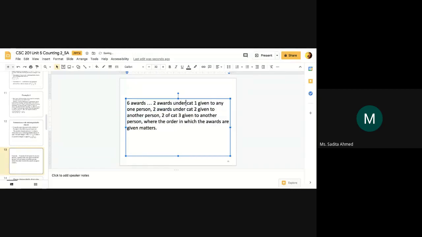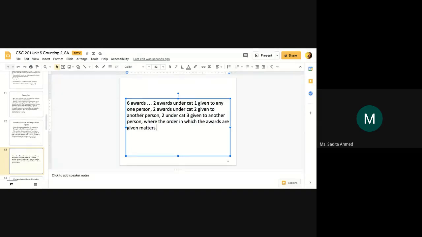And then 2 awards under category 3, 2 awards of type 3 basically, are given to another person, right? Where the order in which the awards are being given out matters, right? How would you solve this problem?